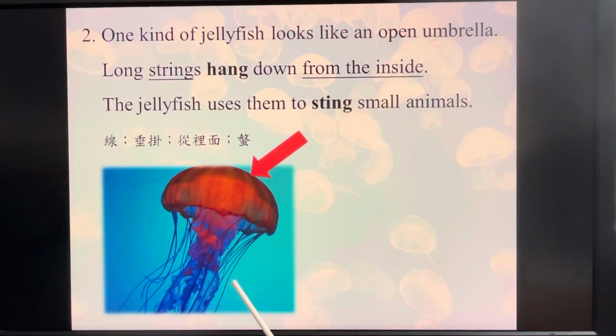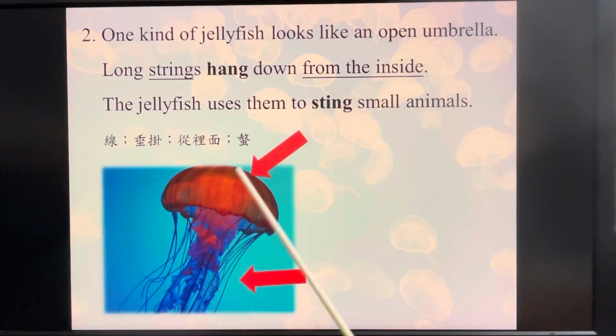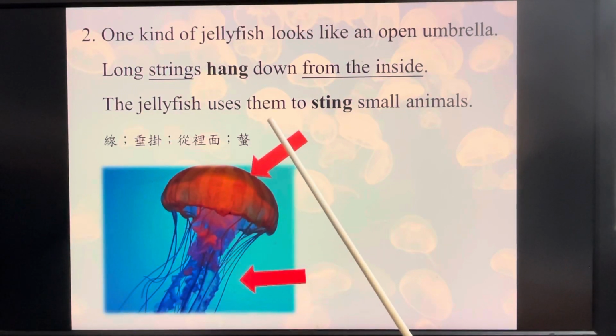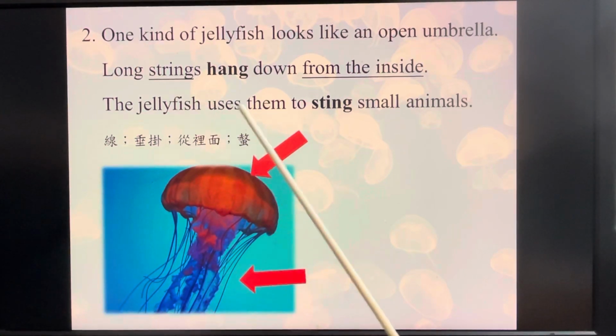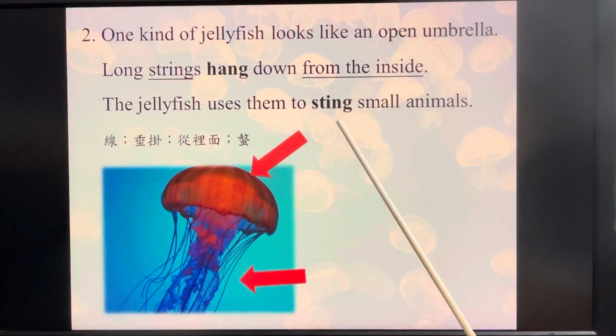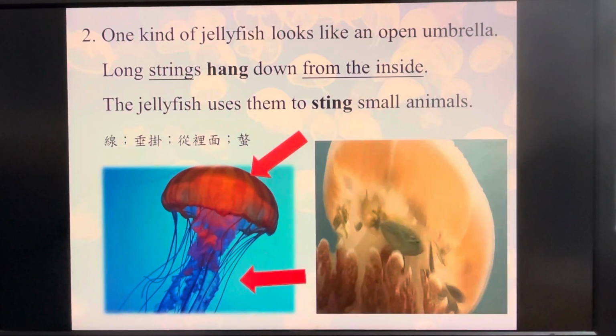And there will be long strings here hanging down from the inside. And the jellyfish uses them. What does that mean? Yes, these long strings. Use the long strings to sting some small animals. Like this.